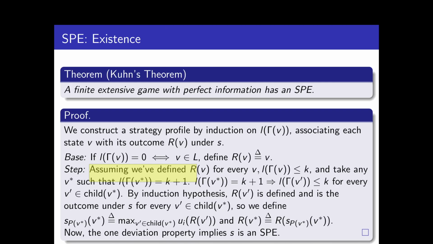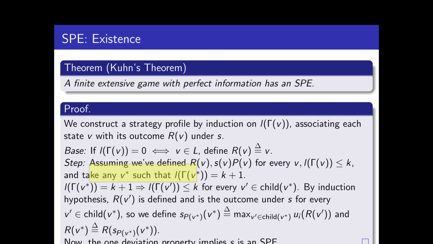So S in this case is of the player who acts at this V. So we assume that we have defined R and S.